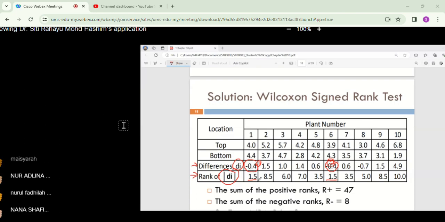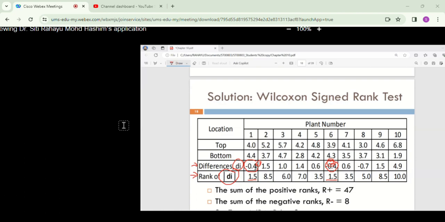Okay. Iqbal, 0.4 ni paling rendah, paling kecil. Ya, tetapi nilai dia berulang 2 kali. Sepatutnya nilai yang paling rendah kita bagi ranking 1, nilai yang kedua rendah kita bagi ranking 2. Kita boleh buat begitu kalau nilai itu berbeza, let's say 0.4 and 0.5. But unfortunately, the lowest and the second lowest are the same value.